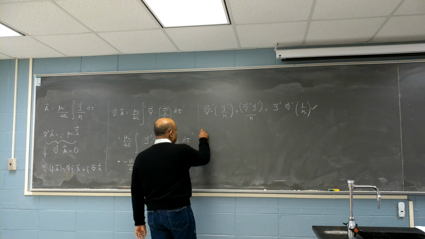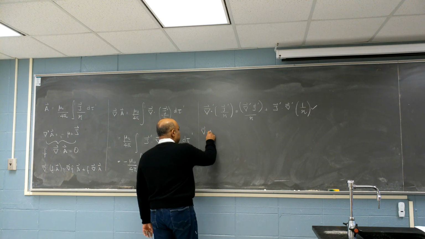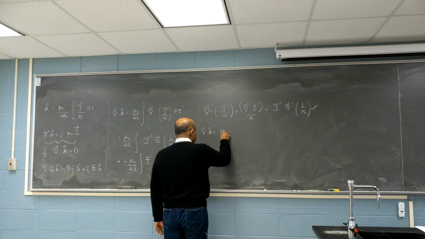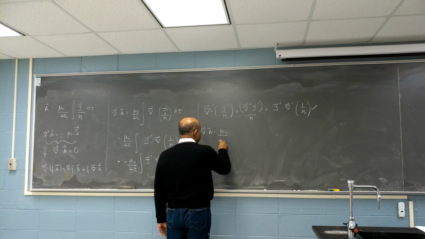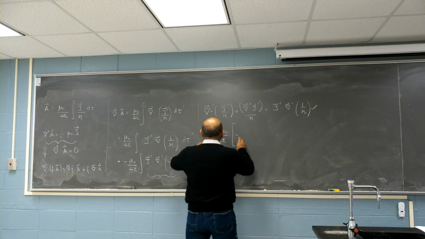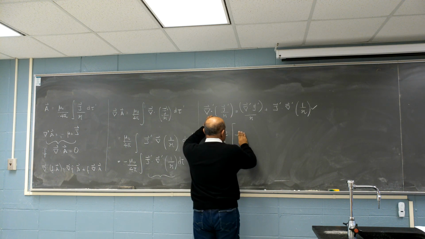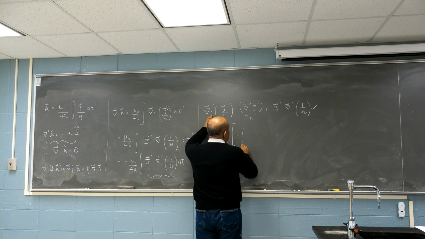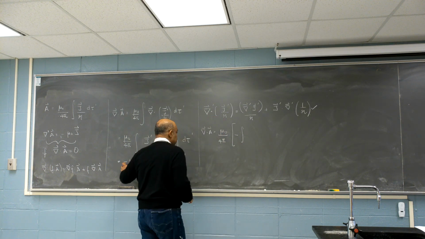So the divergence of A equals mu 0 over 4 pi, two terms. One is going to be minus the integral. There's a minus here because of this minus.